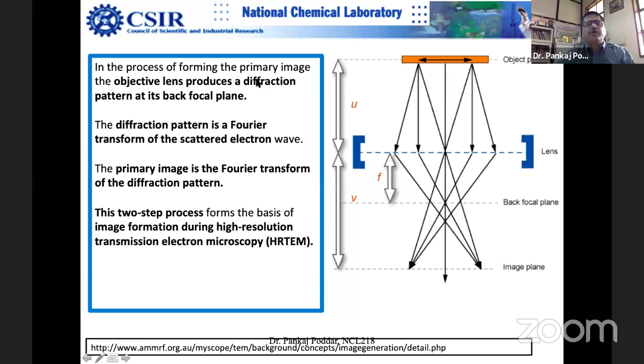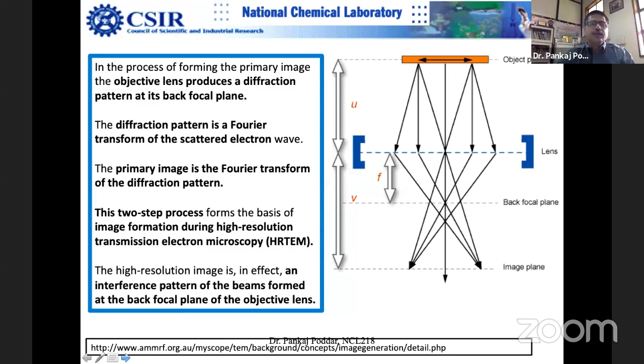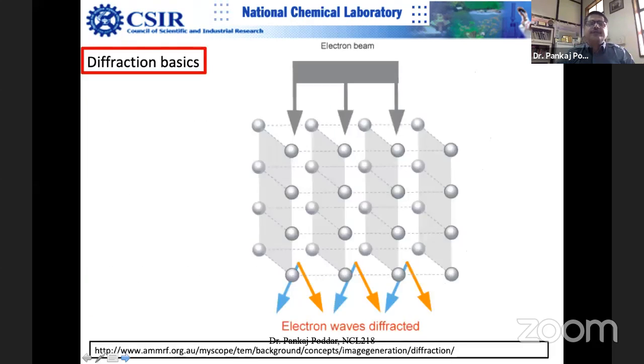First you form the diffraction pattern, and then another lens does the second Fourier transform, and then you have the HRTEM image, right? So the high resolution image, as I have always reminded, is an interference pattern of the direct beam and diffracted beam in your back focal plane, right?